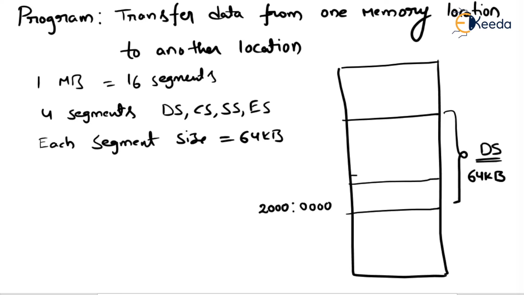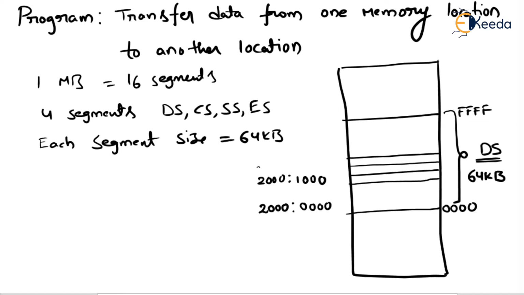Let us consider this offset address as 1000, so 2000:1000. The offset ranges from 0000 to a maximum of FFFF.